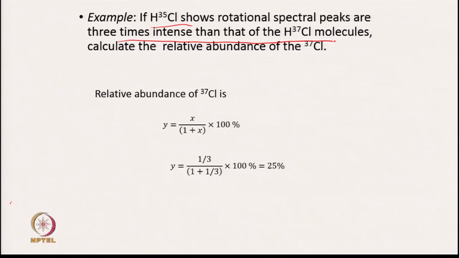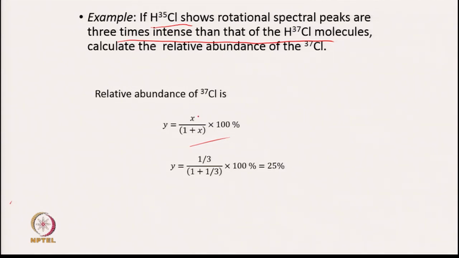So the relative abundance of 37Cl can be calculated using this method, where x is the intensity of the molecule with the isotope with respect to H35Cl.